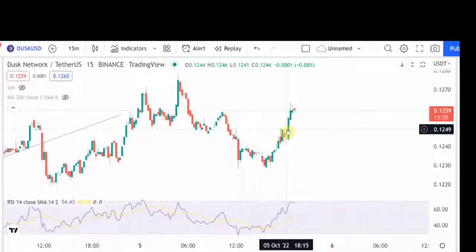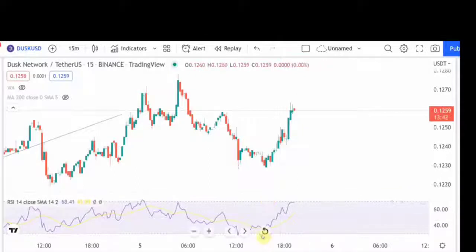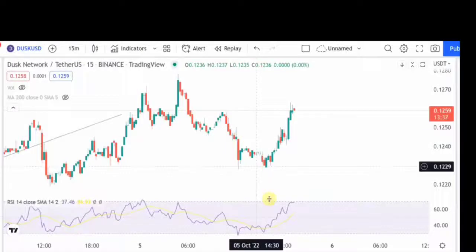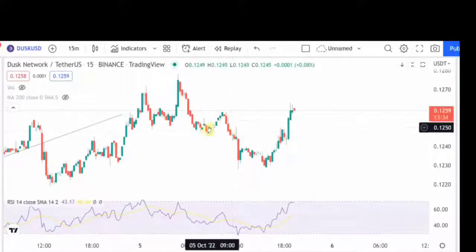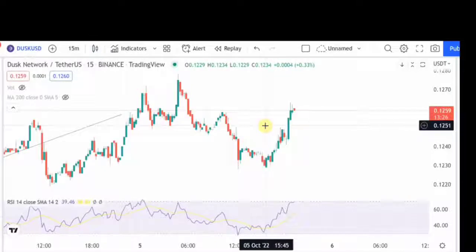But this video is all about showing you a good way to use it. Many people know how to evaluate the overbought and oversold regions, but they still don't know how to use it with different time frames. In my chart here, I am using the 15 minute chart, the 15 minute TF. This strategy mainly works on the 15 minute TF.